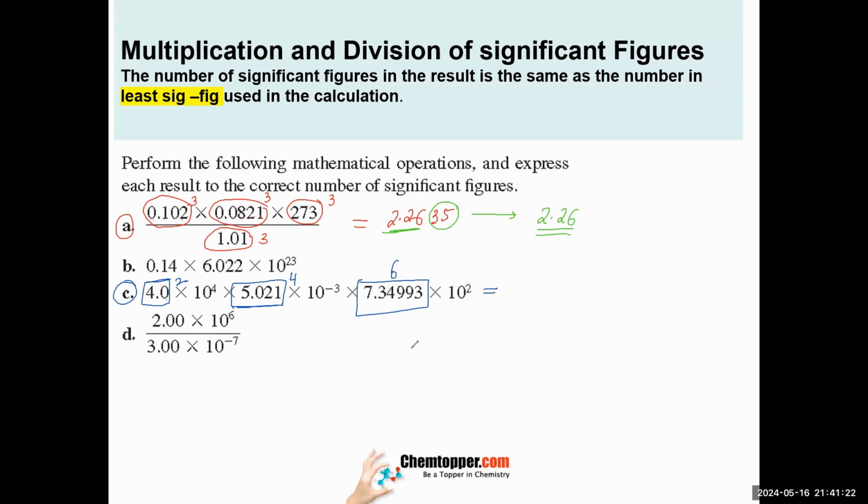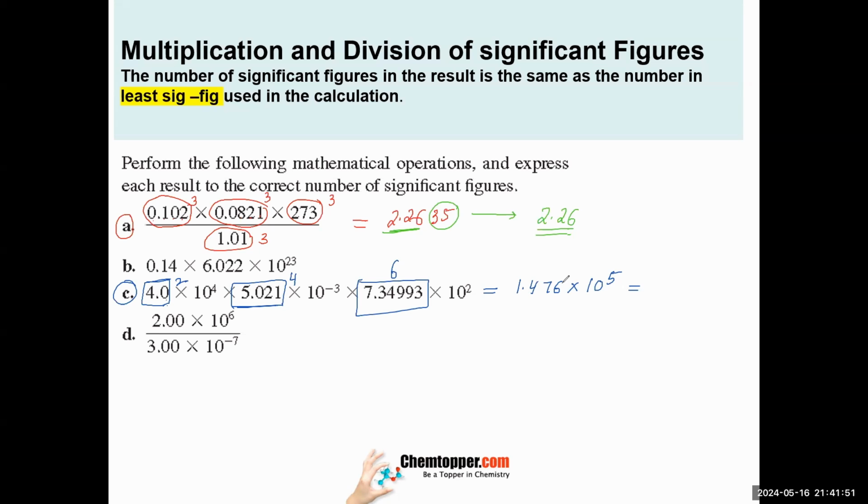So your final answer should be in how many significant figures? Only 2, the minimum significant figures. So when you multiply all these numbers, you will get the answer as 1.476. You can use your calculator, plug in the values and check your answer.